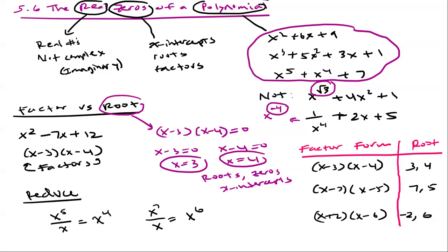So what we want to do here is two parts. We're going to use synthetic division and we need to find the zeros. So technically, let's find the zeros first and then use the synthetic division.